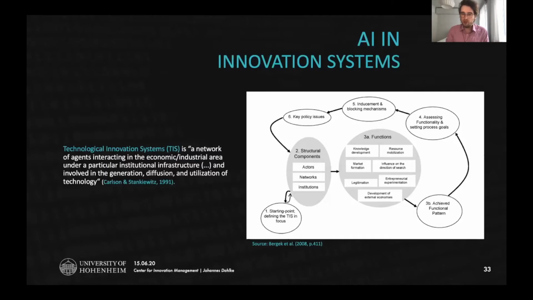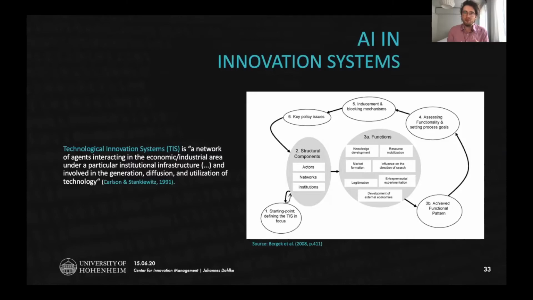And first, I would like to start out by looking at the technological innovation system around AI. And as you probably are well aware of, due to previous lectures in this course, an innovation system has some structural components, so actors like governments, companies, civil societies, NGOs.